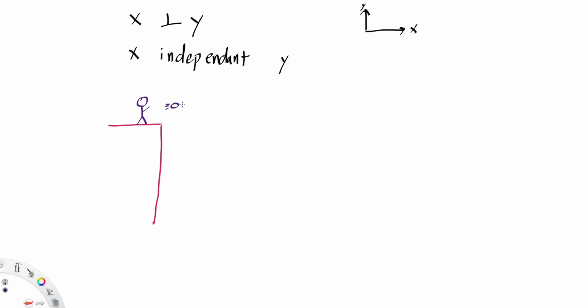So there is some initial velocity only in the x direction. You also know the height of the cliff because you have a guidebook for this area, and this is a 25-meter cliff.